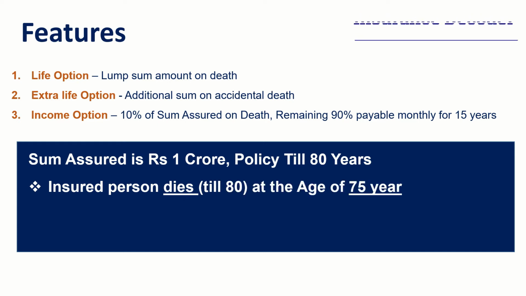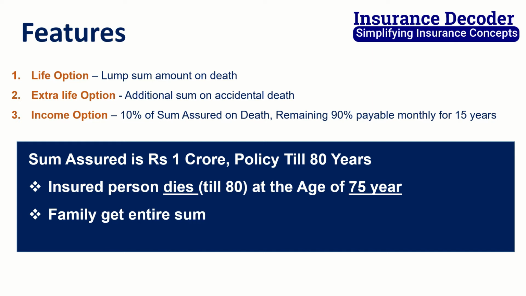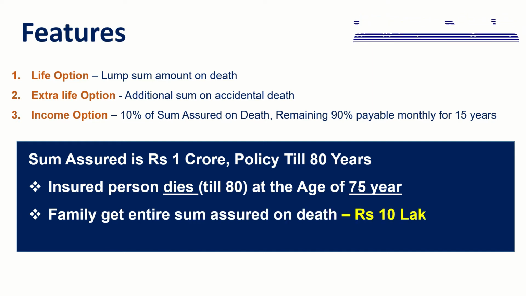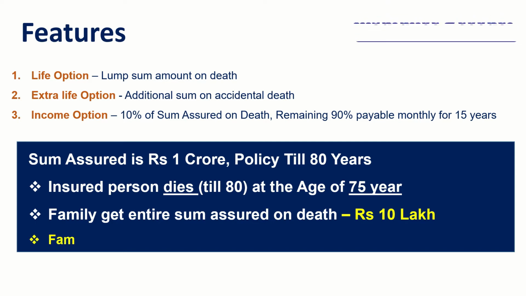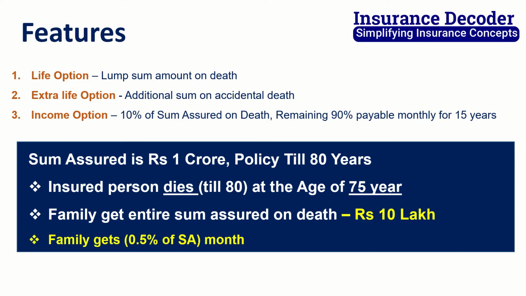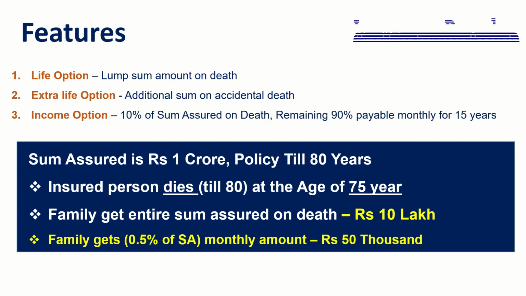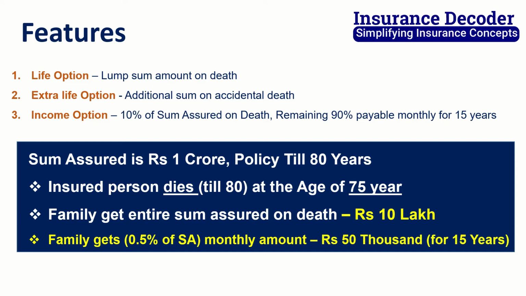Now 10% of the 1 crore, that is 10 lakh rupees, will be given to the nominee on the death of the policyholder. The remaining 90 lakh will be paid to the nominee over the next 15 years on a monthly basis. So the family will get around rupees 50,000 every month for the next 15 years.